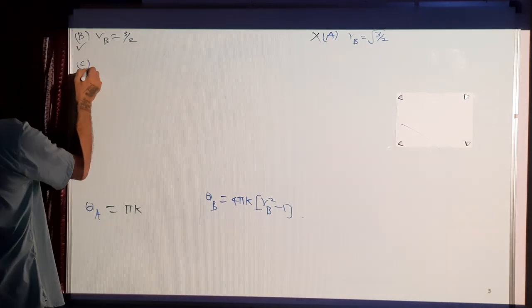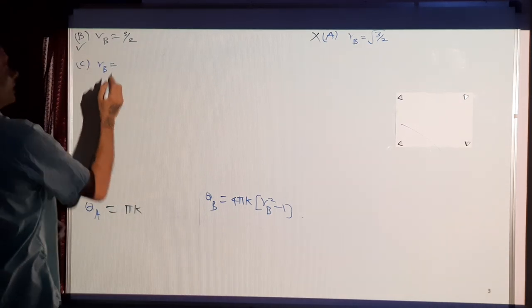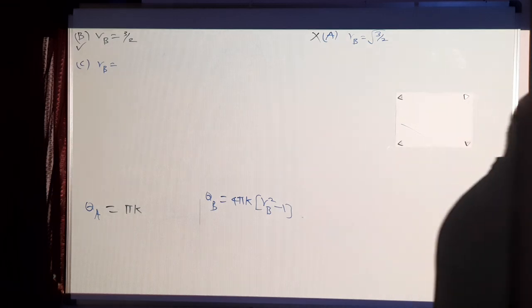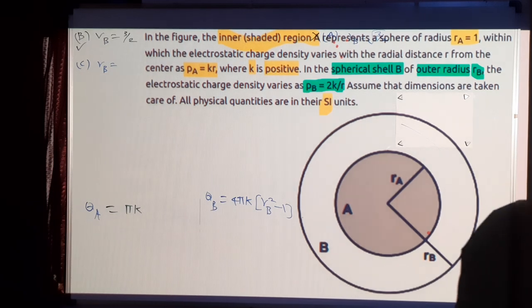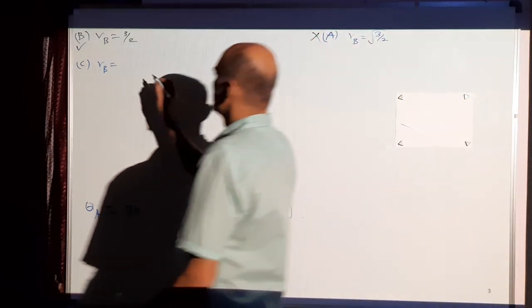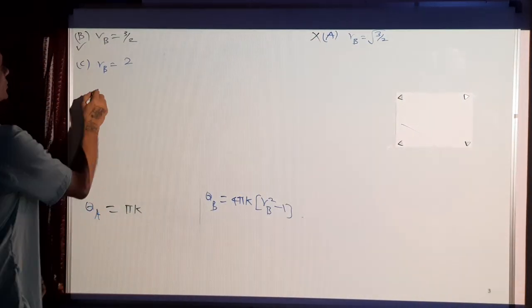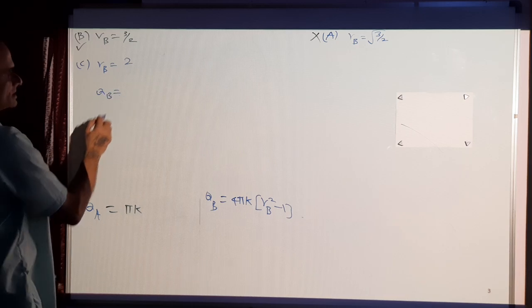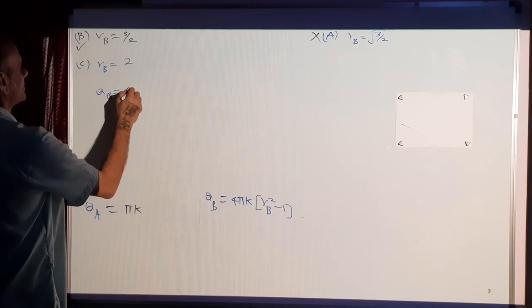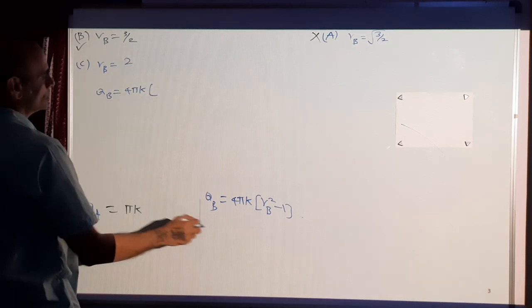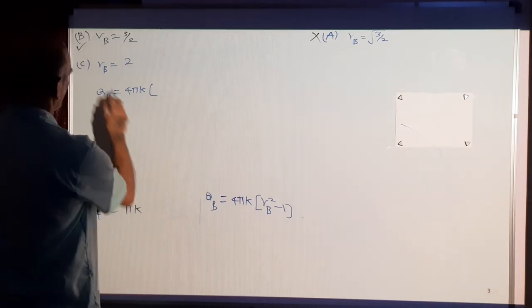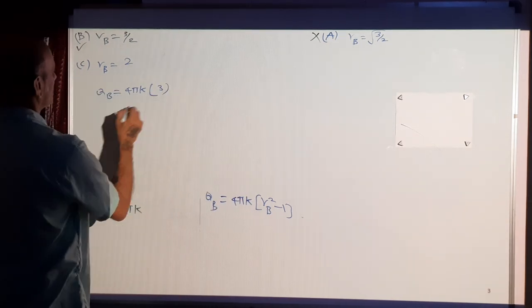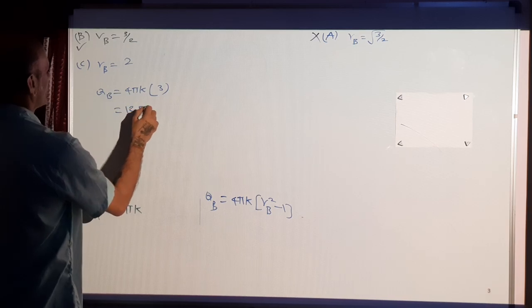Option C, RB is 2. Then the total charge of the configuration is, in this case, QB is the charge in the shell, 4 pi k into RB square minus 1. RB squared is 4, so 4 minus 1 is 3, so it's 12 pi k.